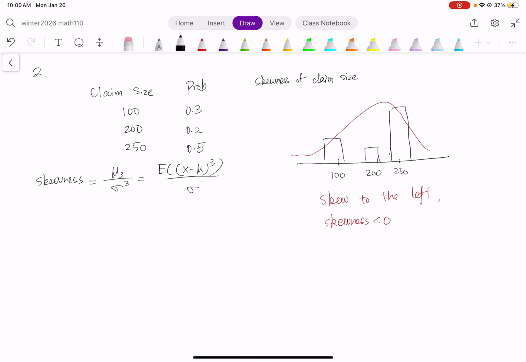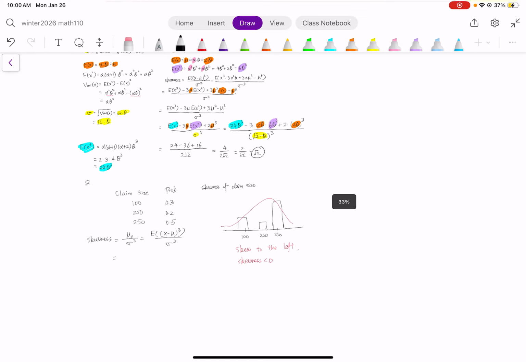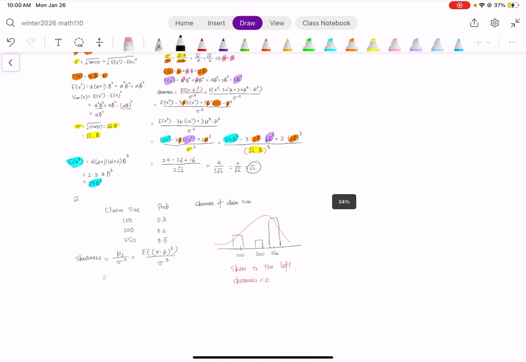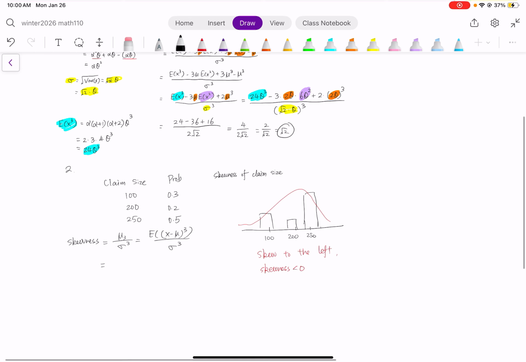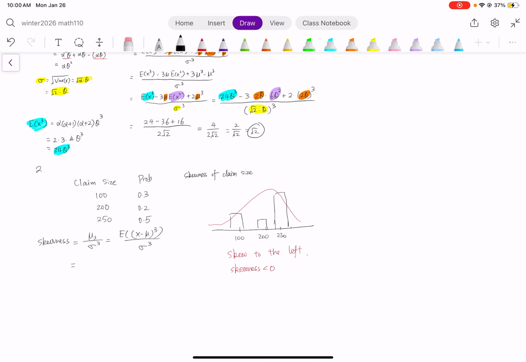We actually did the math in a previous question, and I'm going to start using the formula from there. This is a formula that after we simplify it, we can use here.